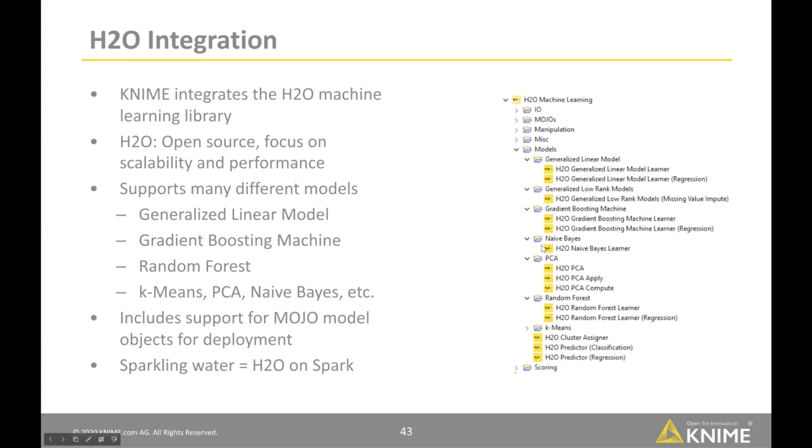The first one is the H2O integration. H2O is a really nice open source library which provides scalable and really high performing implementations of machine learning algorithms. We're integrating H2O, so we have a dedicated H2O extension, which has a set of nodes.